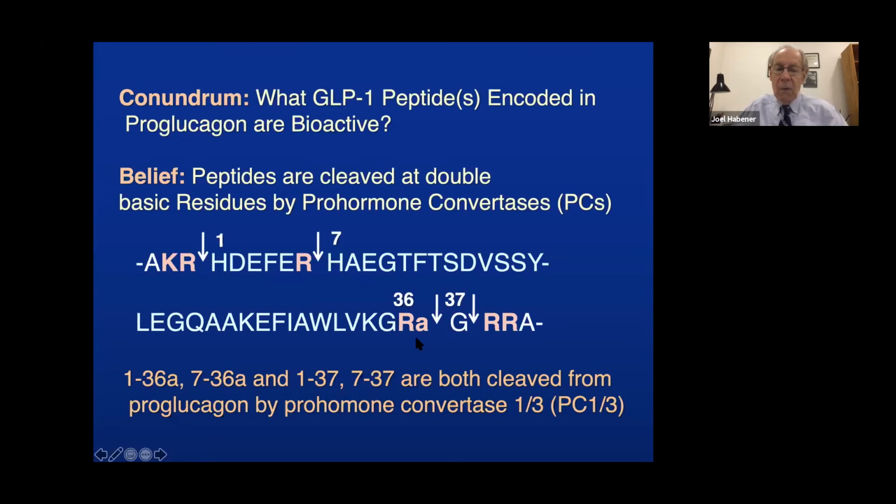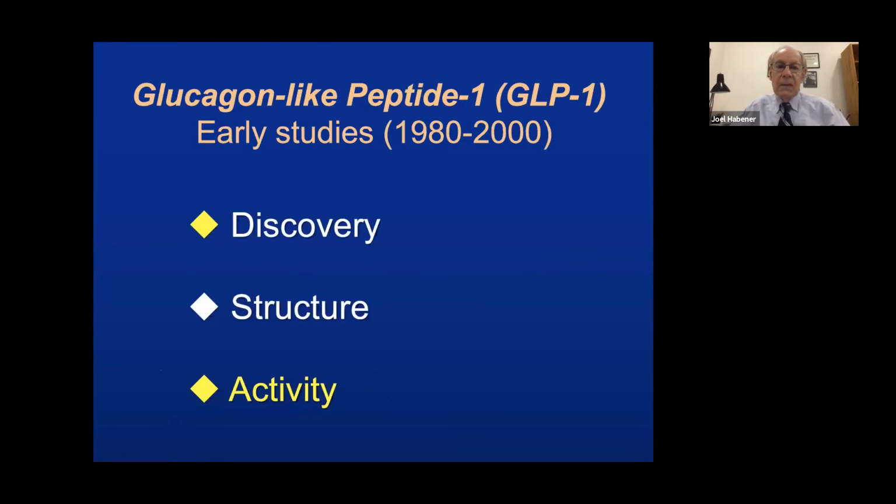And all 4 peptides were cleaved from proglucagon by the prohormone convertase 1,3. So the studies needed to determine which was the active peptide.